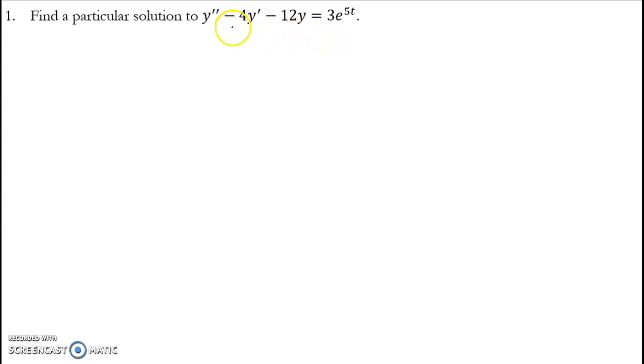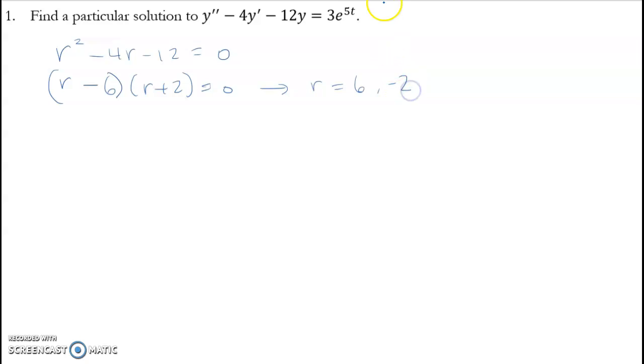I think probably the easiest is to pretend that this is a homogeneous problem, and we can write this as r squared minus 4r minus 12 equals 0. This can be factored as r minus 6 times r plus 2 equals 0, which gives us the two r values, 6 and negative 2.